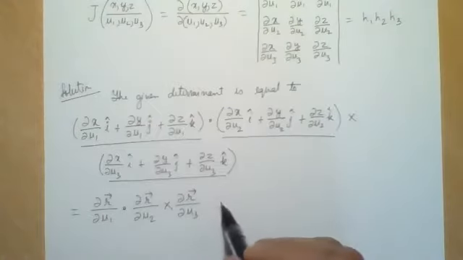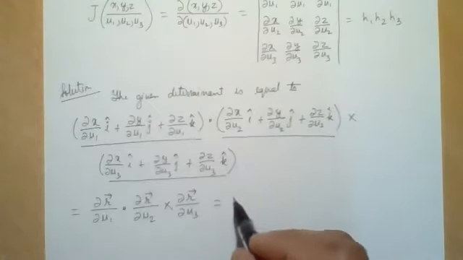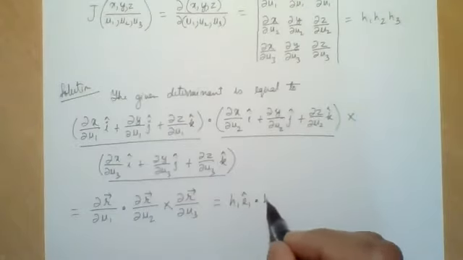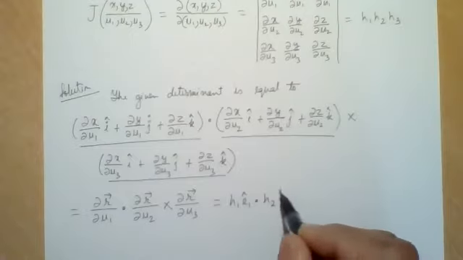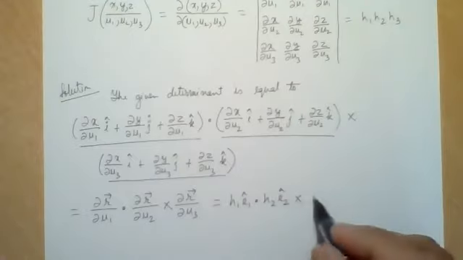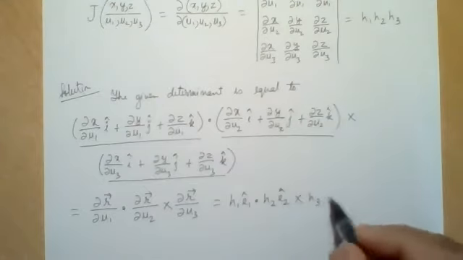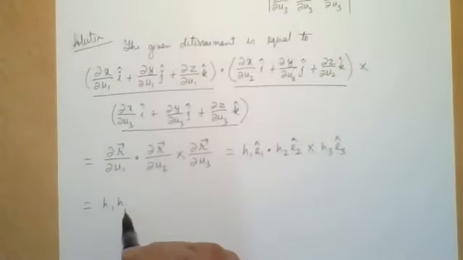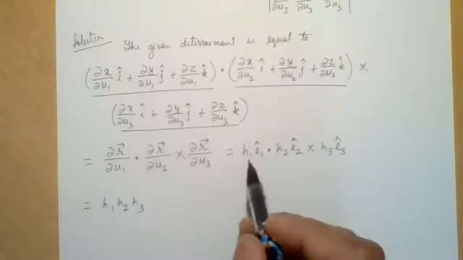Okay, so this is equal to H1 E1 hat dot H2 E2 hat cross H3 E3 hat. So this is H1 E1, H2 E2, H3 E3.